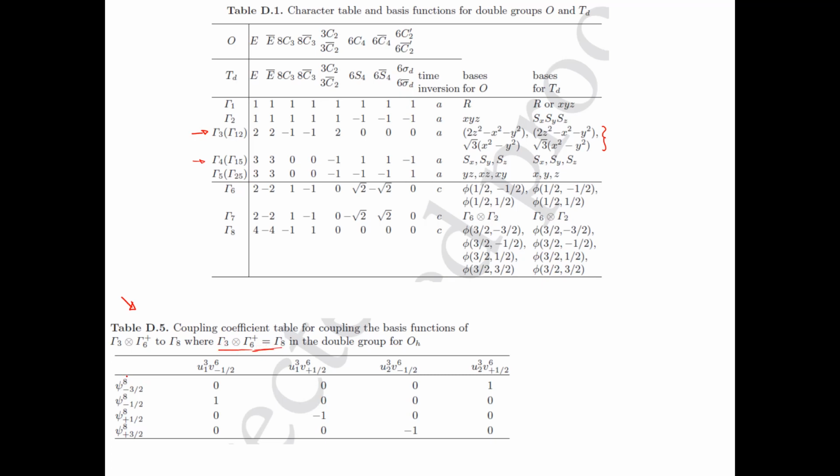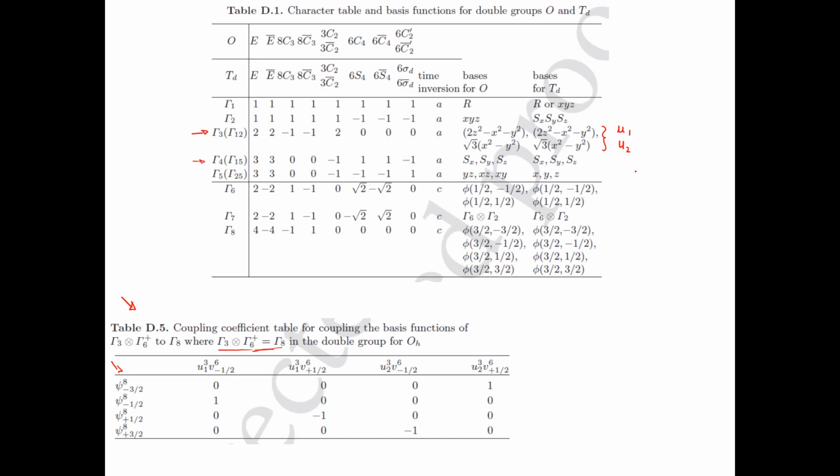So these are the gamma 8 states, and this is how they relate to the product of spin and spatial part. So U1 and U2 here basically are precisely these two basis functions of the gamma 3 representations. This is U1 and this is U2.